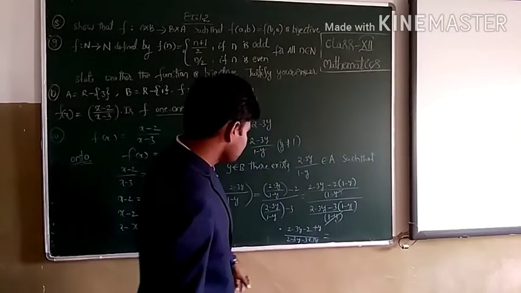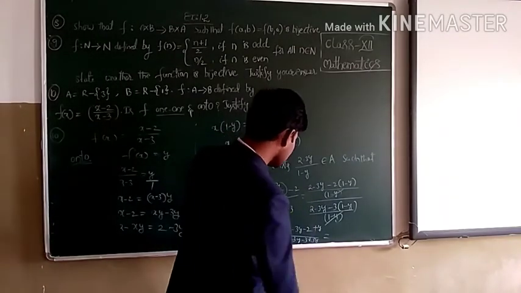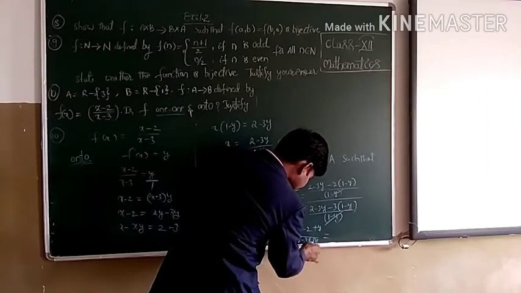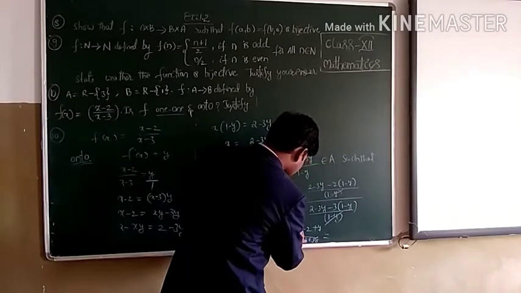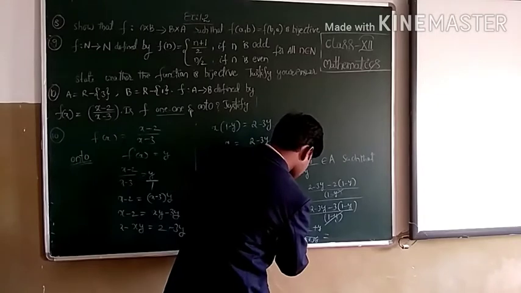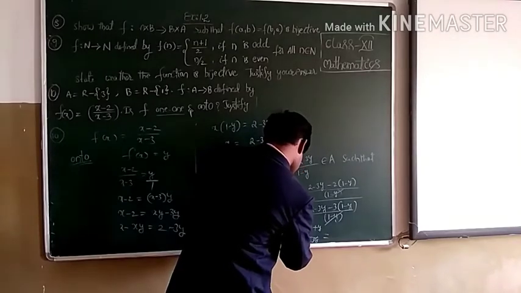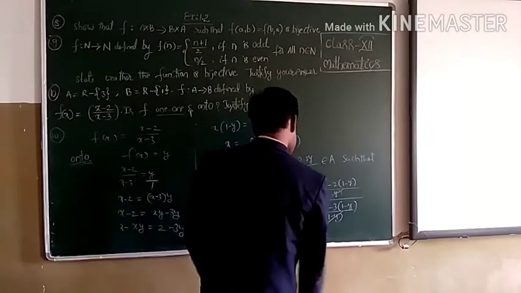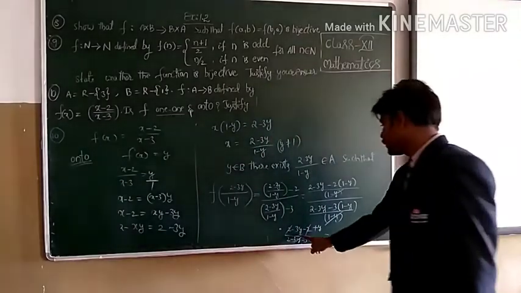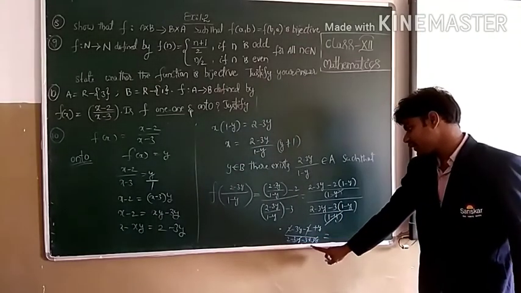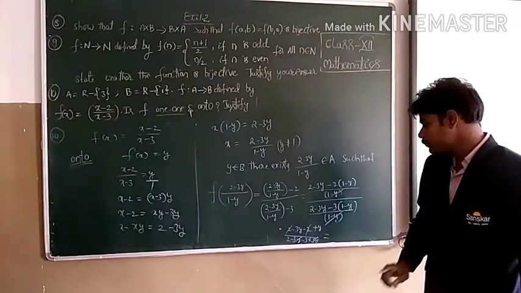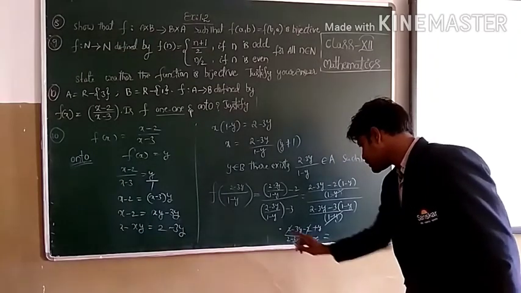So now let's see. So here it is minus 3y plus 3y cancel and 2 and minus 2 are cancelled. Clear? Minus 2y plus 2y cancel, plus 3y cancel, and minus 2 and plus 2 are cancelled.